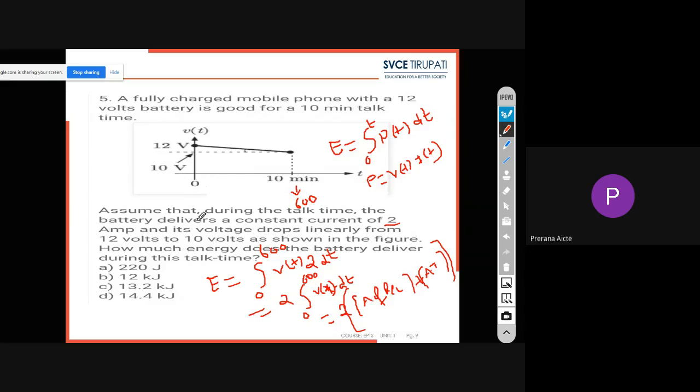So what is the rectangle area formula now? 2 into area of rectangle. Length into breadth, that is 10 into 600. 10 into 600. This is the length and breadth.